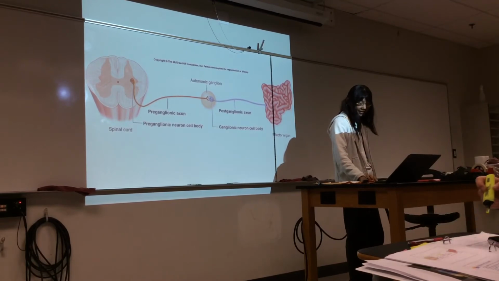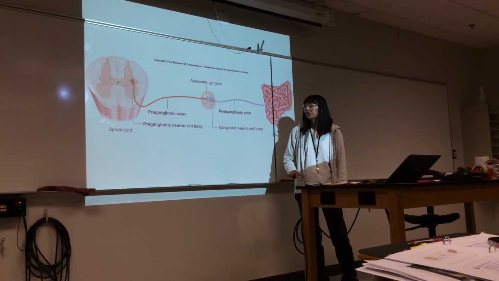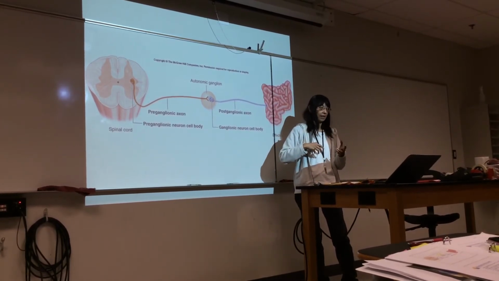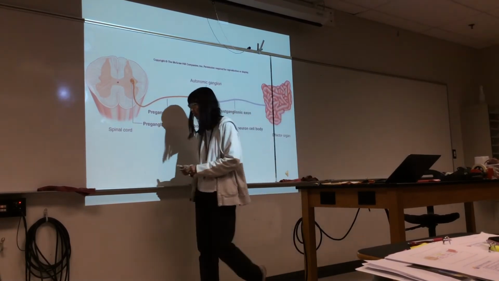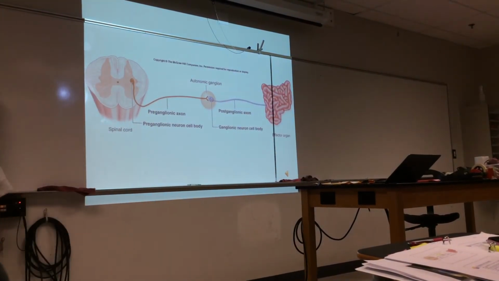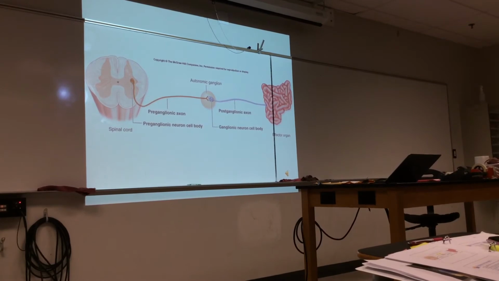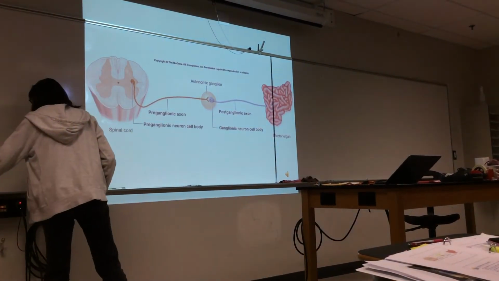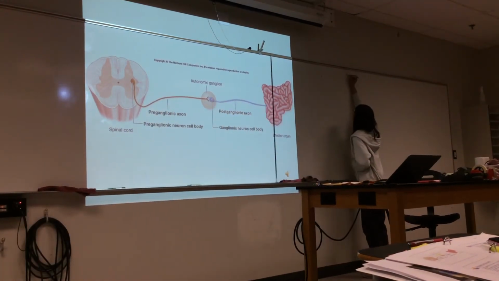Now the question comes in, the two divisions of autonomic, which is sympathetic and parasympathetic. Okay, and here will be sympathetic.